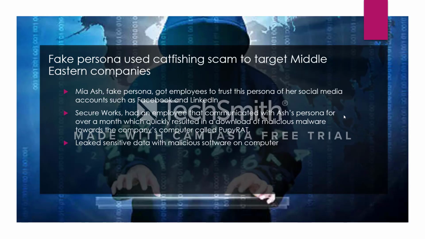Another journal article I read was about a fake persona named Mia Ash, who was able to catfish and target Middle Eastern companies.